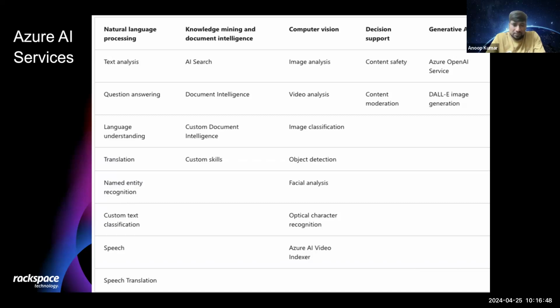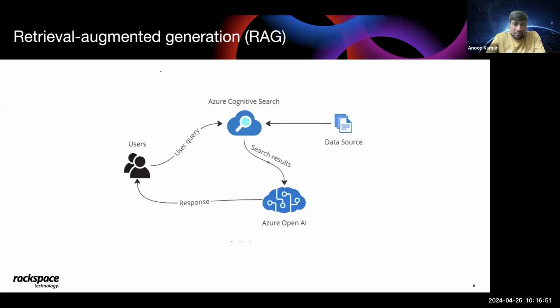Let's move on to the next slide. I just want to tell you about the architecture and how Azure OpenAI is processed with the RAG model. Let me use this laser pointer. We have deployed these Azure OpenAI services and search, and we are adding this data source into Azure OpenAI services.